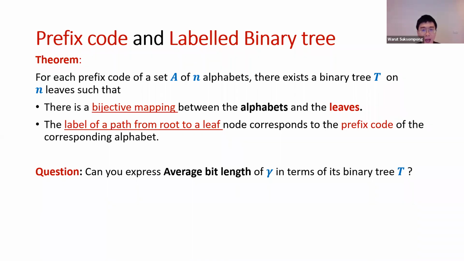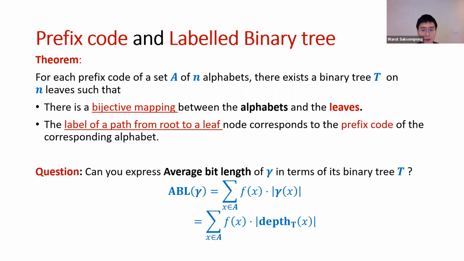And now, can you express the average bit length of this encoding in terms of the binary tree? So remember, the average bit length is the sum of frequency times the length of the encoding of each letter, right?